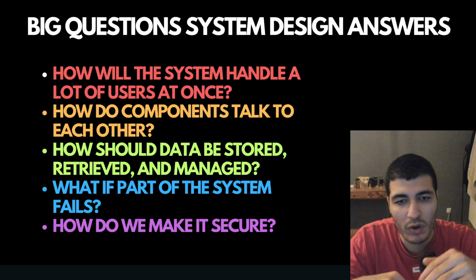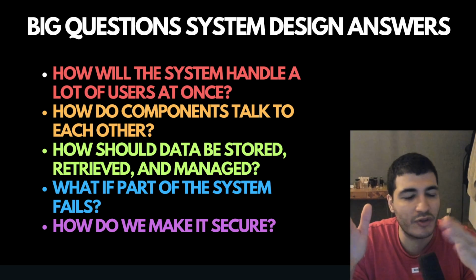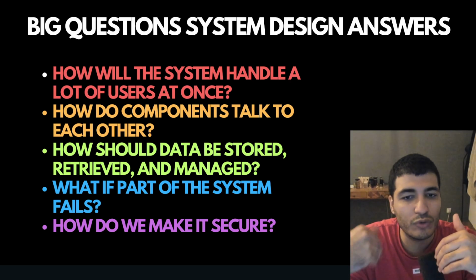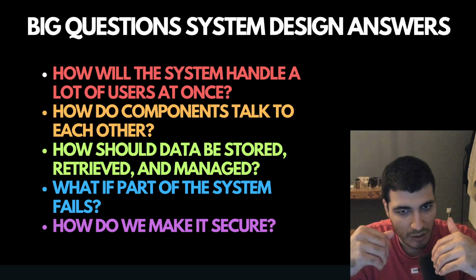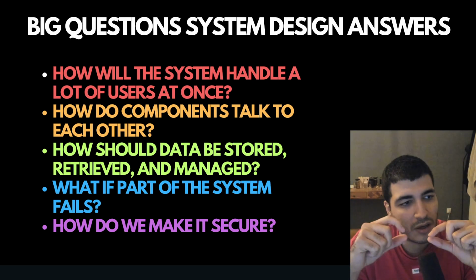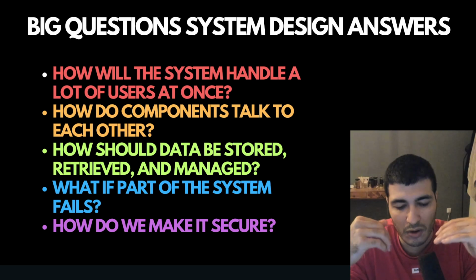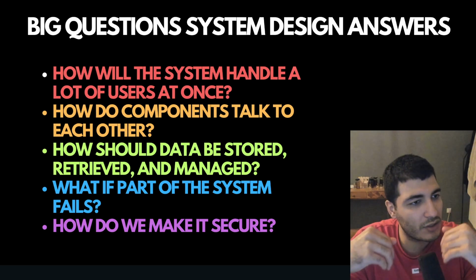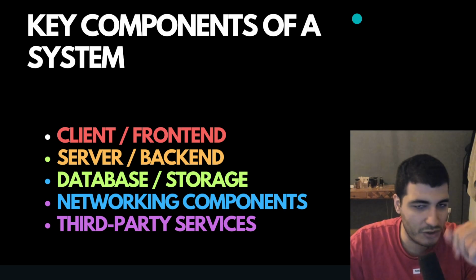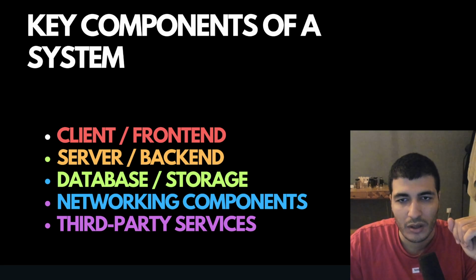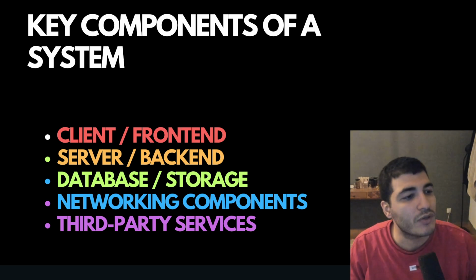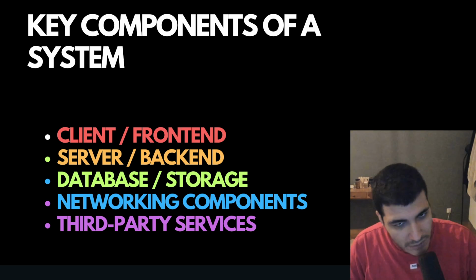Number four, what if part of the system fails? What should we do then? And lastly, how do we make it secure? These are the big problems that system design should solve.